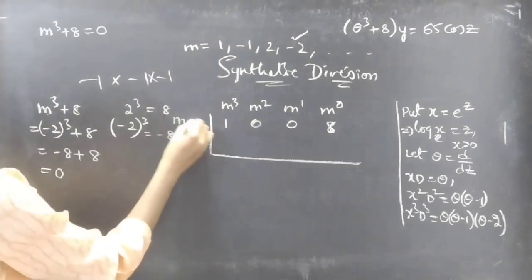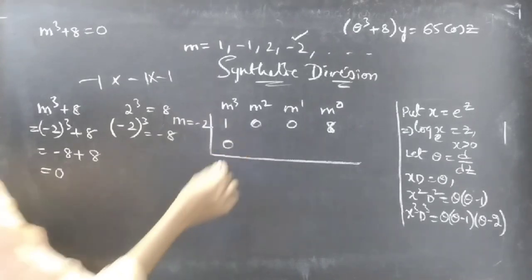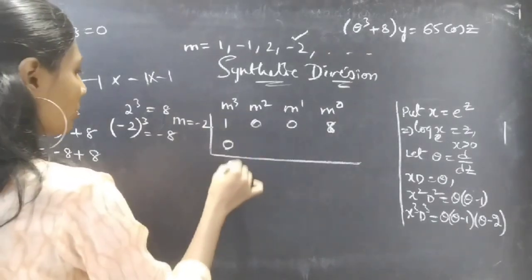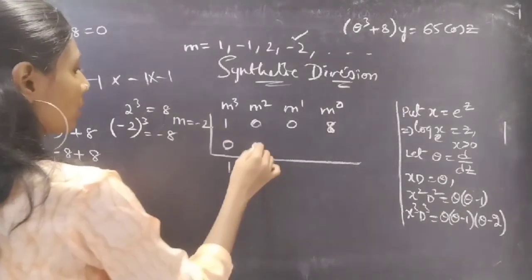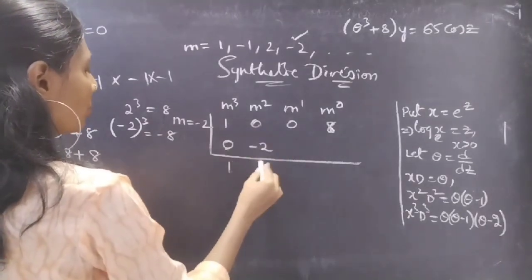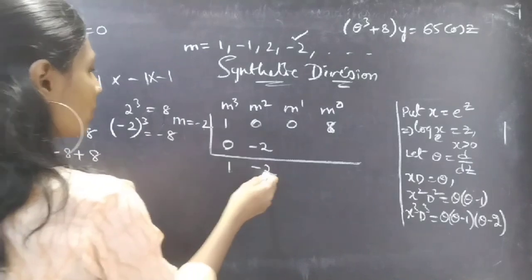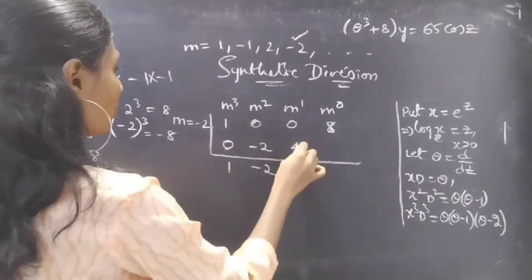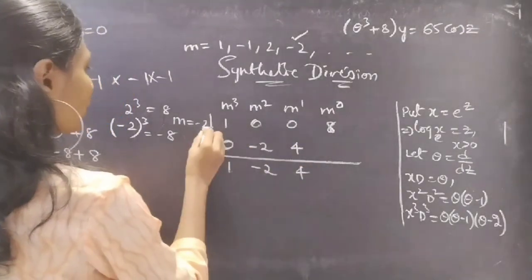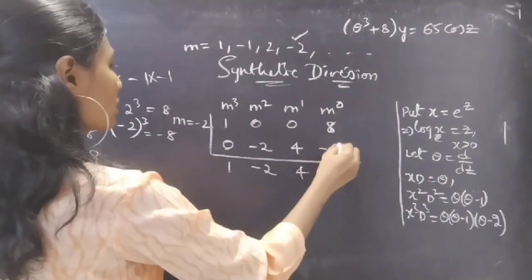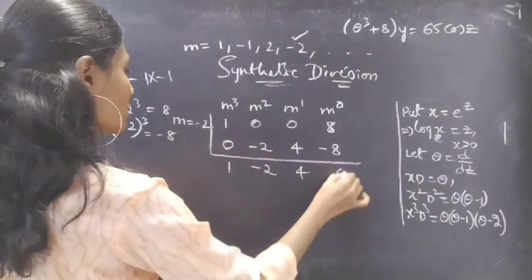Let's put m = −2. We'll get 1 plus 0, 1. Minus 2 into 1, minus 2. 0 minus 2 is minus 2. Minus 2 into minus 2 is 4. 0 plus 4 is 4. Minus 2 into 4 is minus 8. Plus 8 minus 8 is 0.